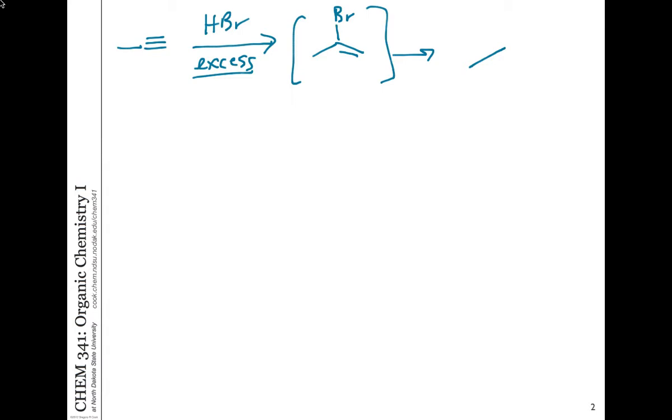Bromine does add to the more substituted carbon, and the hydrogen to the less substituted carbon. And then the second one also adds that way. So you know how to make these dibromides where the 2 bromines are on the same carbon. Okay, how do you go back?